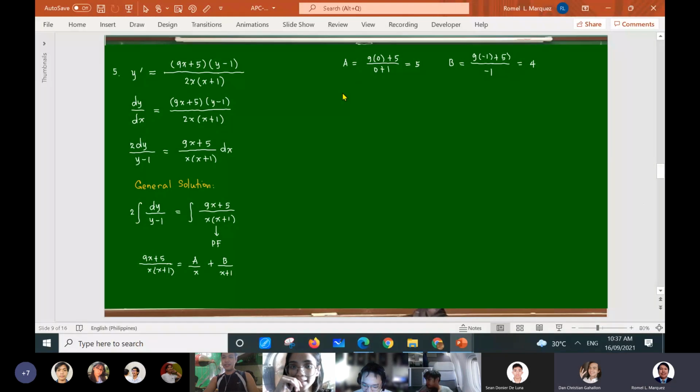So we now have, what is the integral of the per... Let's copy first. Integral of dy over y minus 1 is equal to the integral of 9x plus 5 all over x times x plus 1.